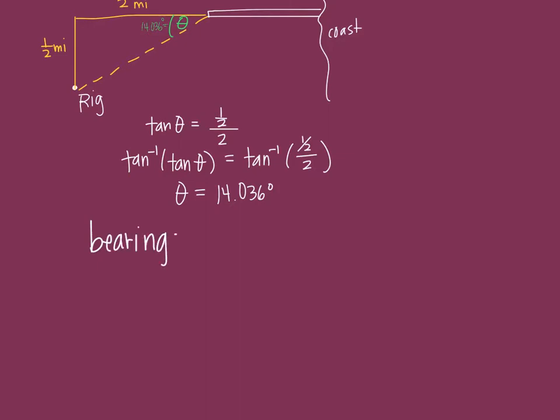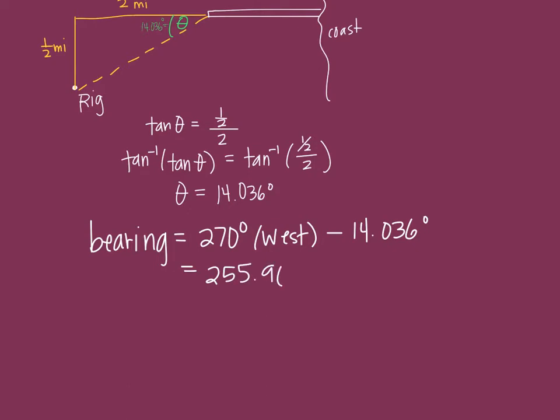I would say bearing is 270, which is west, minus the 14.036. And that will give you the bearing heading that the ship should use. So 270 minus 14.036 gives me a bearing heading of 255.964.